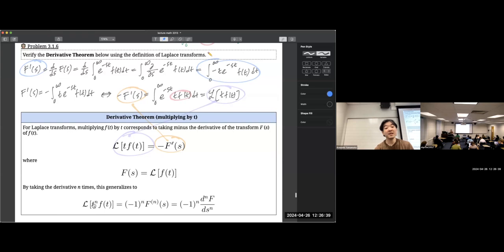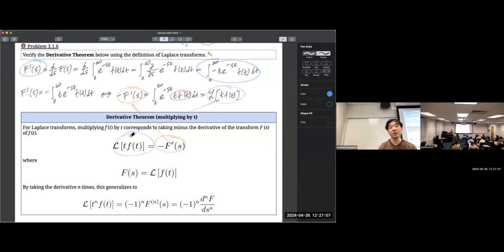And then there's a t raised to the n here because instead of just one t, you would have two t's. Successively, if you were to take capital F triple prime or quadruple prime, the chain rule would have required you to pop out successive terms of negative t multiple times, which causes there to be t raised to n here. Each time a negative pops up, and so that's why there's a negative 1 raised to the n.